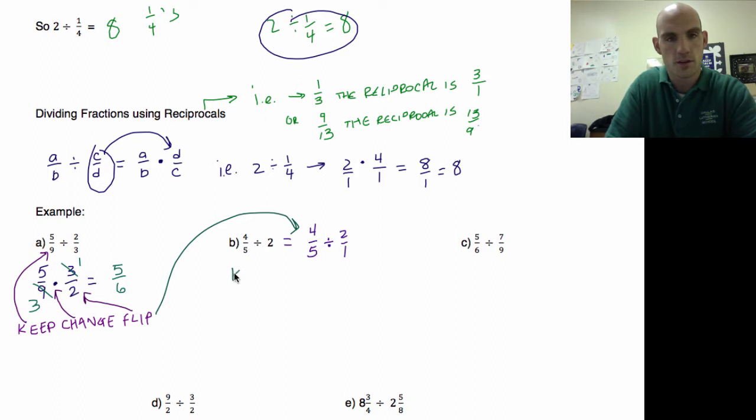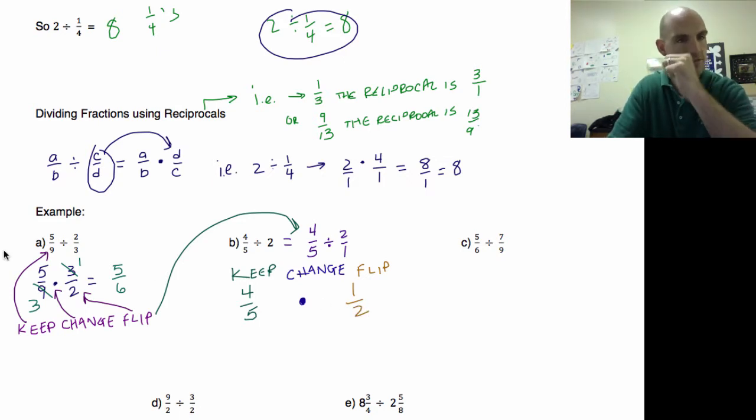So I'm going to keep the first, 4/5. I'm going to change to multiplication, and I am going to flip the second.